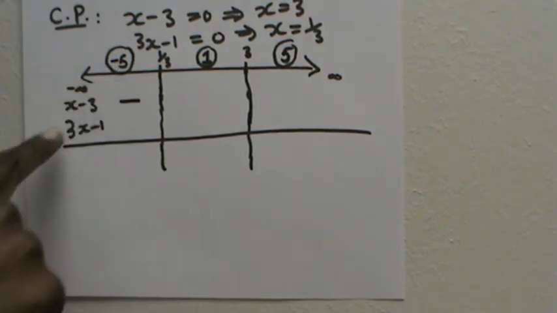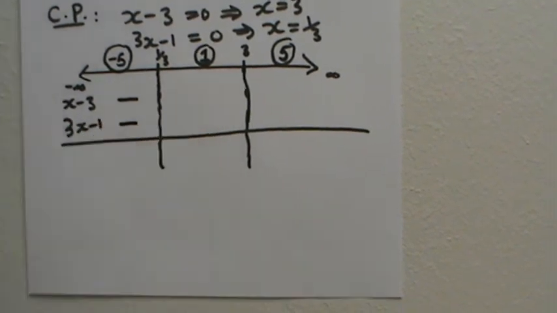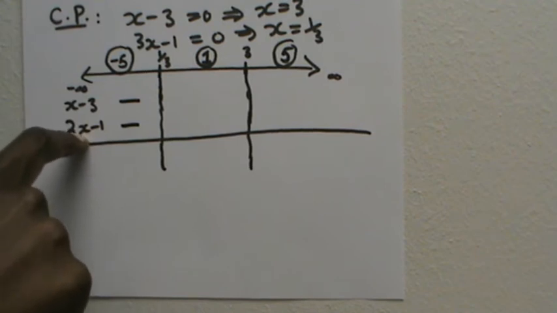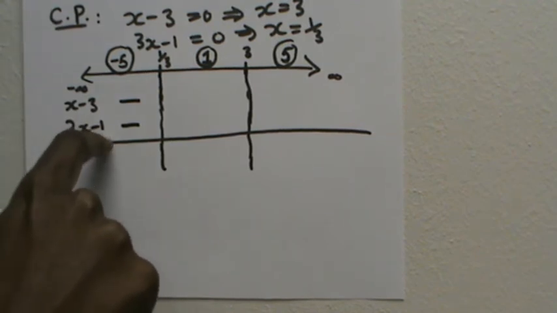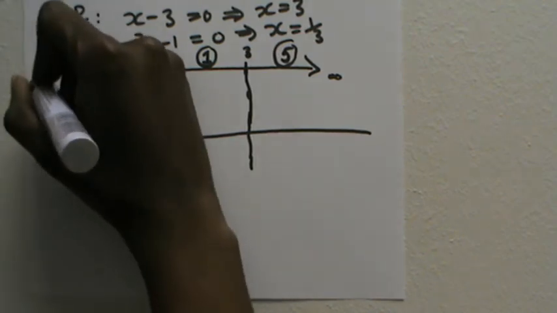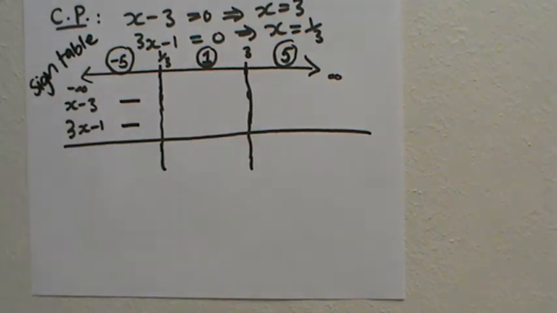And then here, minus 5 times 3 minus 1. This will be negative, because it's 3 times minus 5, which is minus 15, and minus 15 minus 1 is minus 16. It's negative. I'm only interested in the sign. That's why it's called a sign table. So I should write this down: this is a sign table. So I fill in my table using signs.